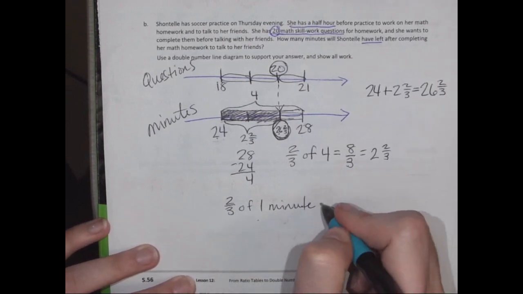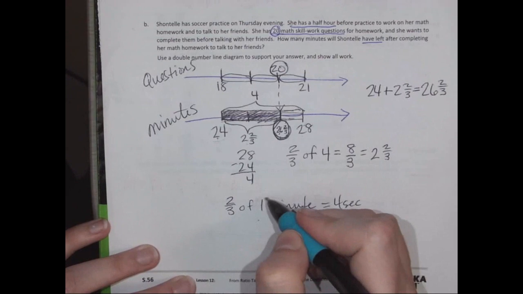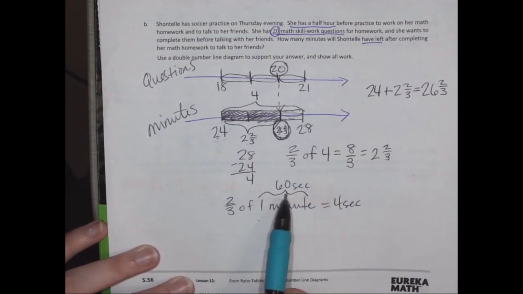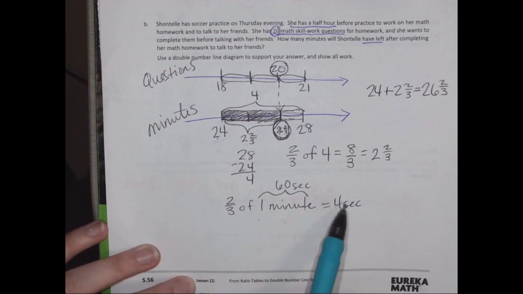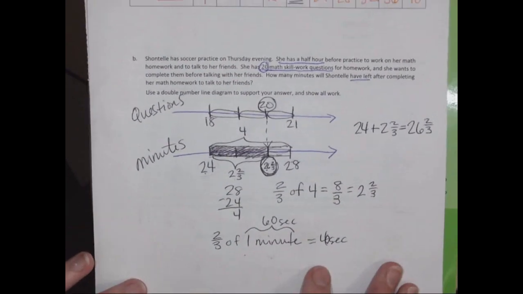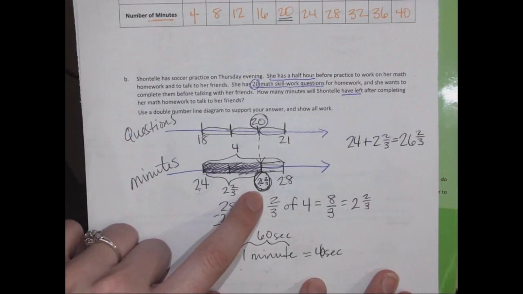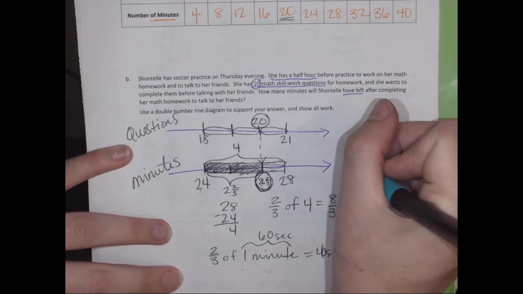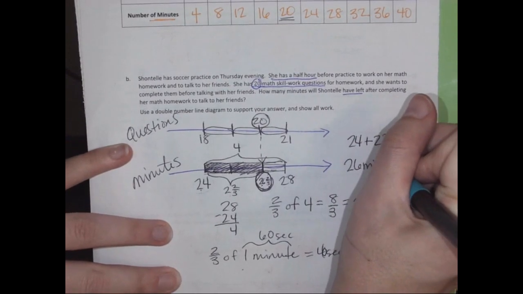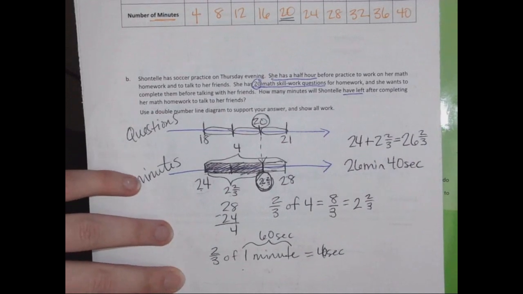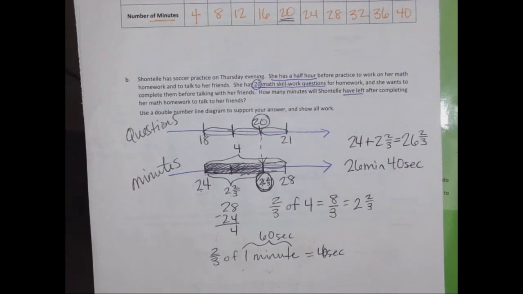She says it's 40 seconds, but that's because 1 minute is 60 seconds. 1/3 is 20, so 2/3 is 40. So 26 minutes and how many seconds? 40 seconds. So it took her 26 minutes, 40 seconds to do her homework. Is that the answer?